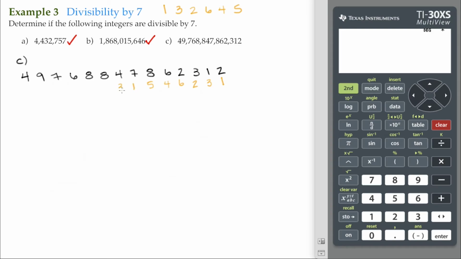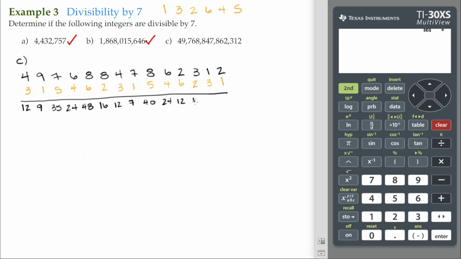We repeat as often as we can. And then we multiply. 4 and 3, 12. 9, 35, 24, 48, 16, 4 times 3 is 12, here's 7, 8 times 5, that's 40, 6 and 4, that's 24, 6 times 2, that's 12, 3 times 2 is 6, 1 times 3, 3, and this is 2.